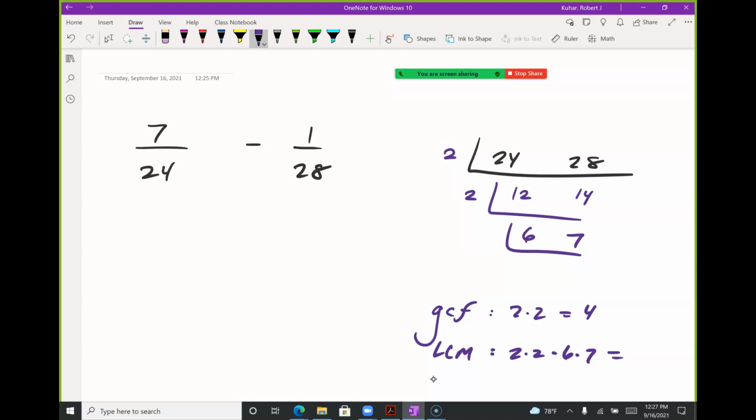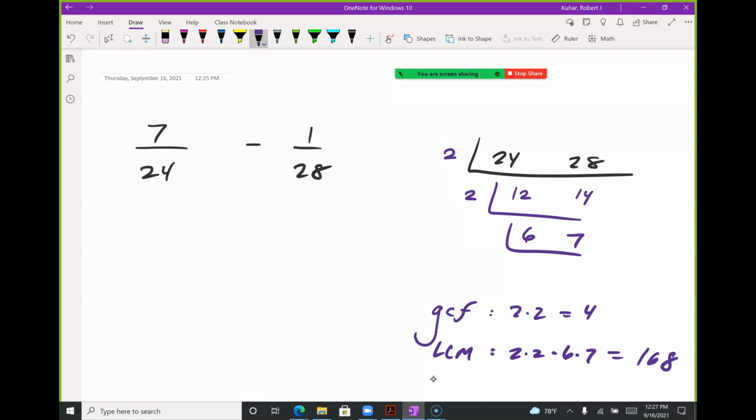Do you see that with me? So 2 times 2 times 6 times 7 is my LCM, or my LCD. Okay.